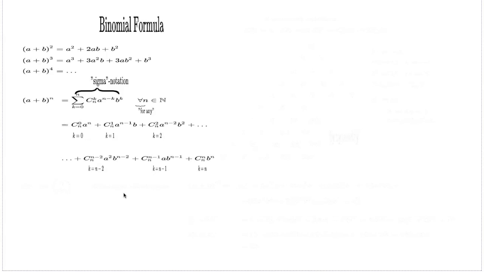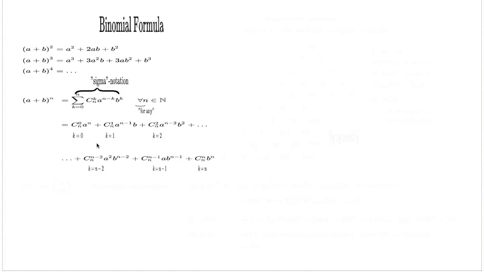Right, so those are the two versions of the binomial expansion. One of them is written with sigma symbol, and the other one is the expanded one, but there's no difference between them. I put both of them in front of you because sigma notation is something new to you, whereas the expanded one is something you are probably more or less used to.